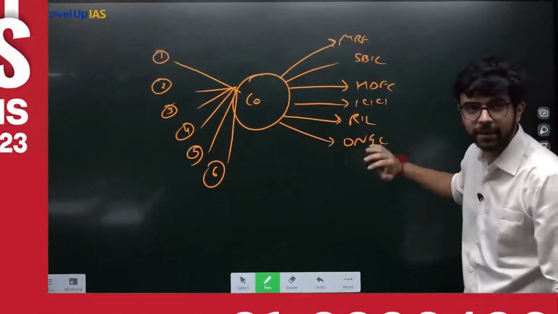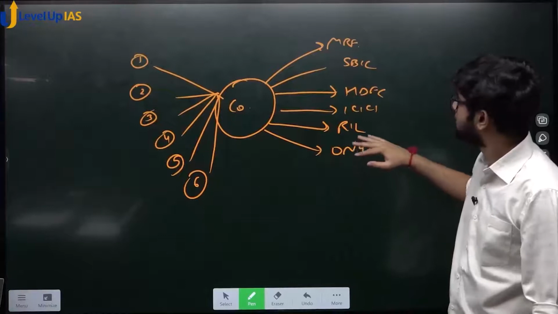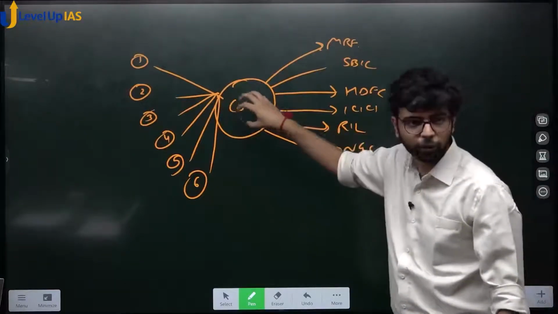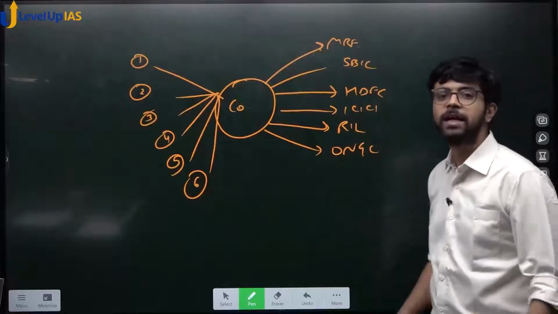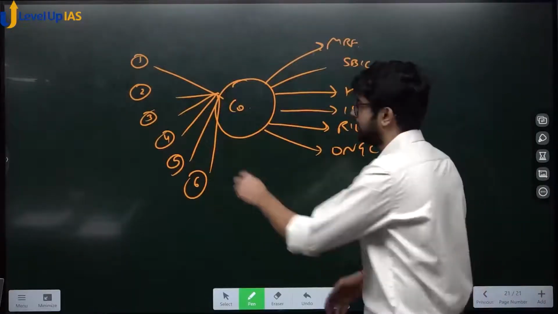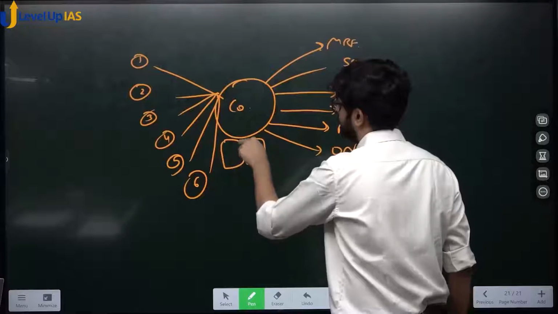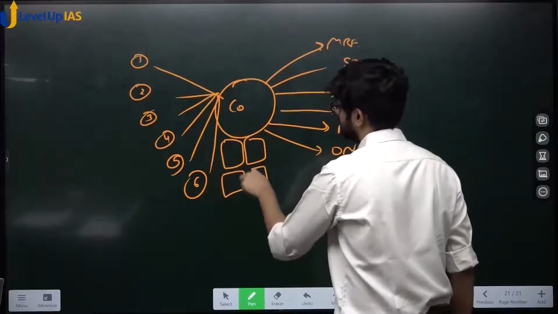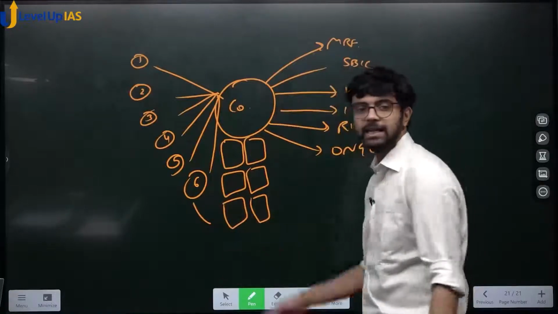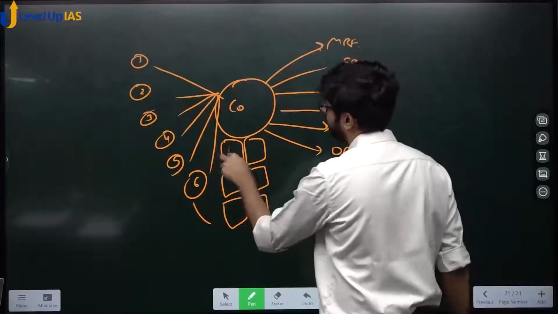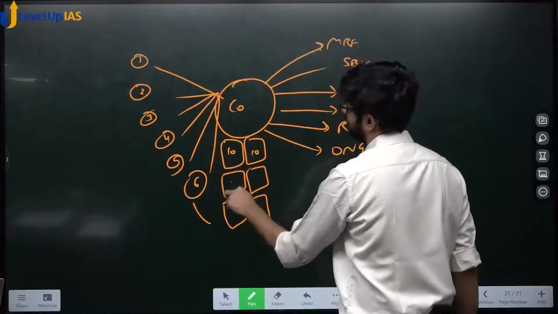Okay? What the company does is, whatever money is collected and invested in shares, the company divides it into papers and issues them. So let's say each paper is worth 10 rupees.